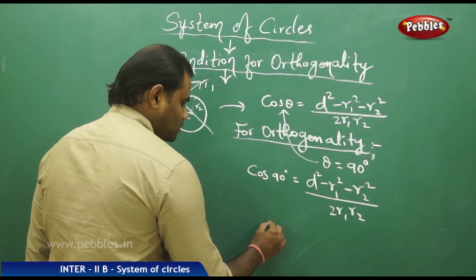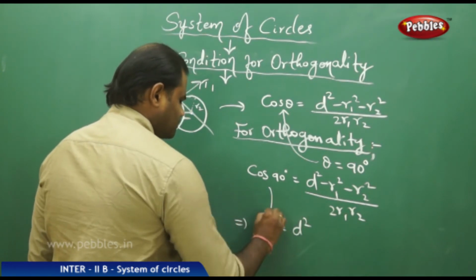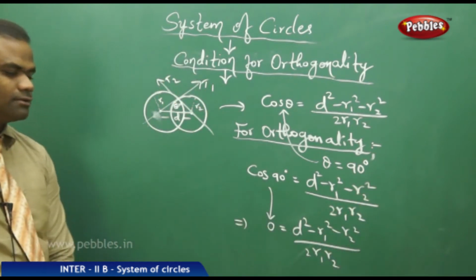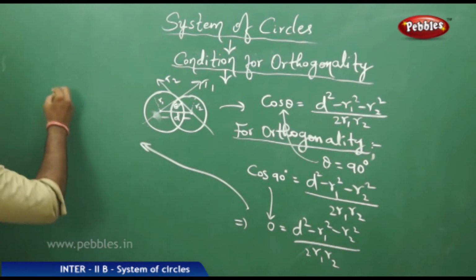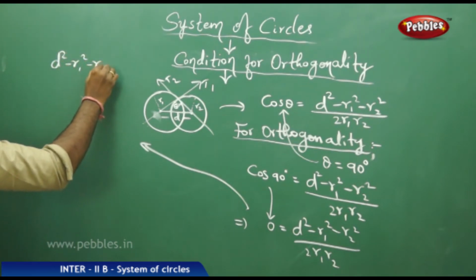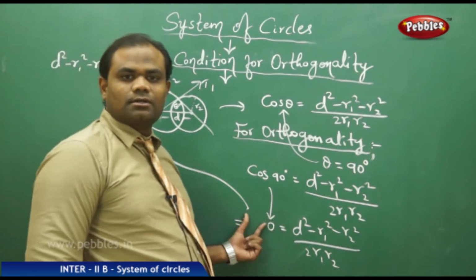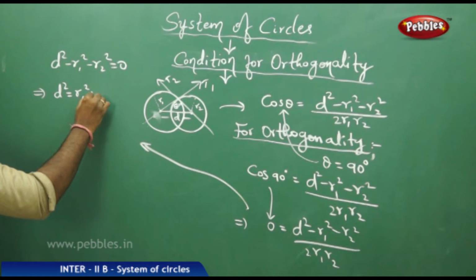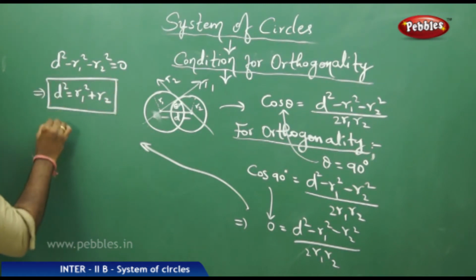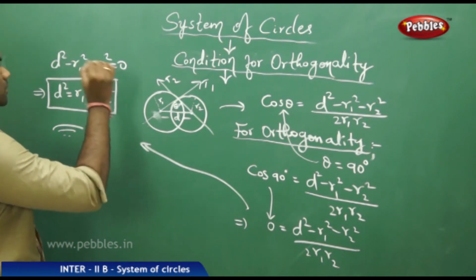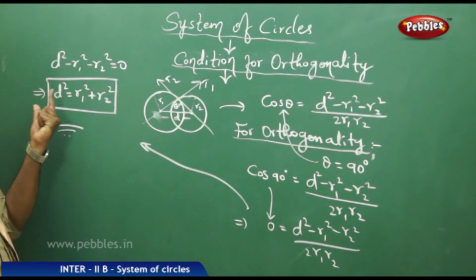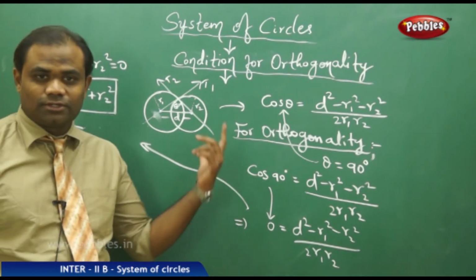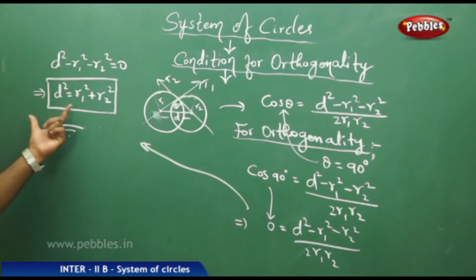So the numerator must equal 0, which implies d square equals r1 square plus r2 square. This is the condition for orthogonality of two circles: the square of the distance between the centers of two circles is equal to the sum of the squares of the radii of each of the circles.